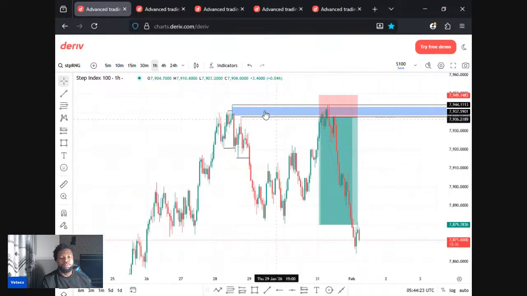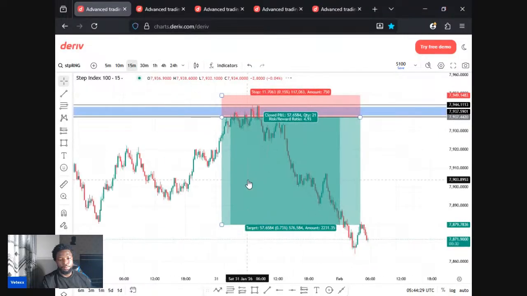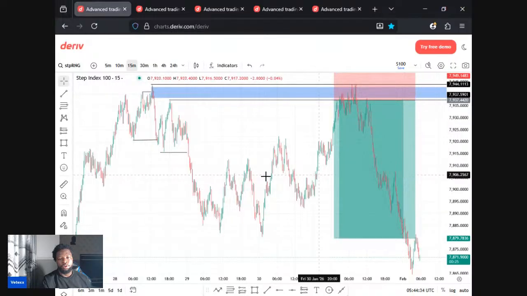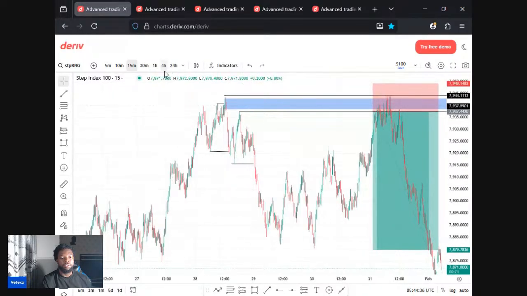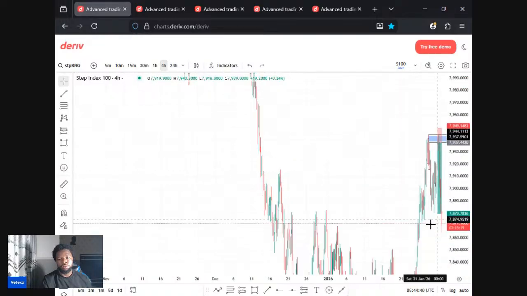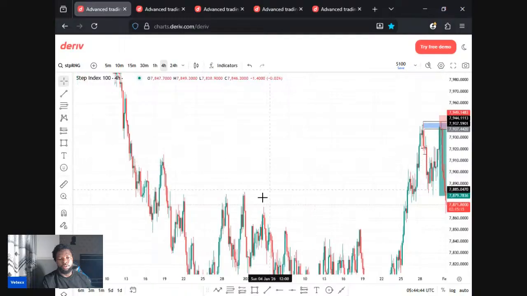So this trade, you can also consider it as a 15-minute structure. If, let's say, this is a 15-minute structure, we would have considered this trade if this was coming from a 4-hour point of interest. Let's say we had a 4-hour structure somewhere around here.